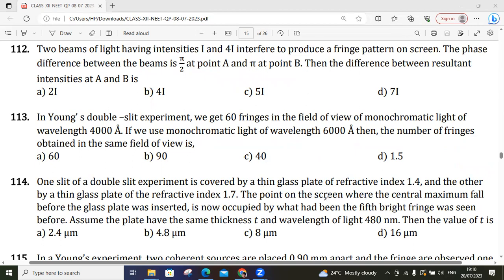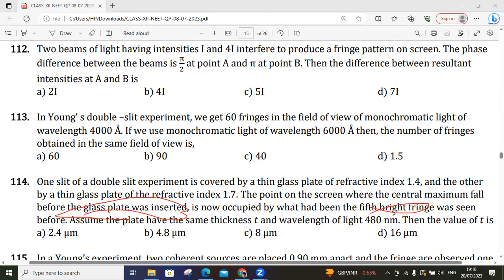The point on the screen where the central maximum fell before the glass plate was inserted is now occupied by the fifth bright fringe. This fifth bright fringe has come there.